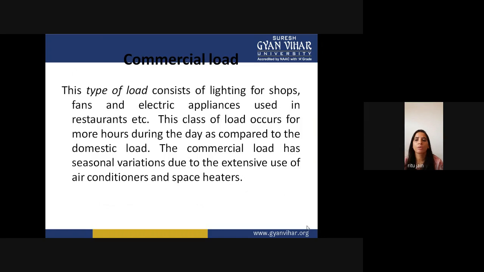This load is mostly used in restaurants and companies. For example, in some institutions where work is from 9 to 5, they use fans, ACs, and other loads in the daytime. So this type of load comes into the category of commercial load.